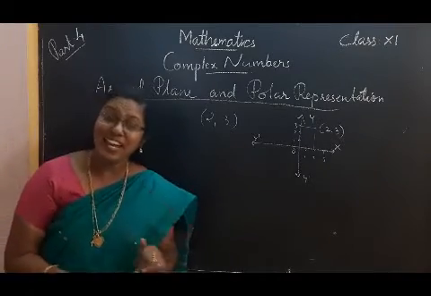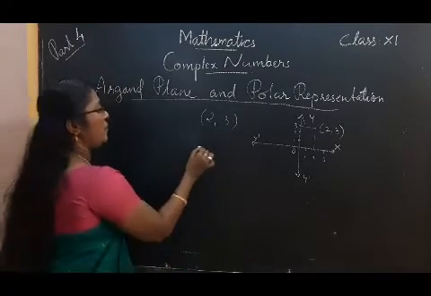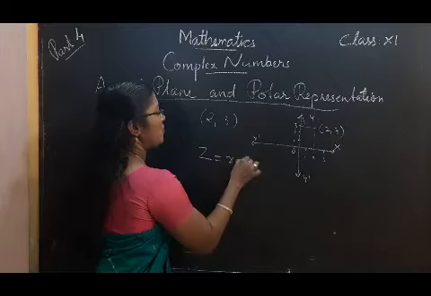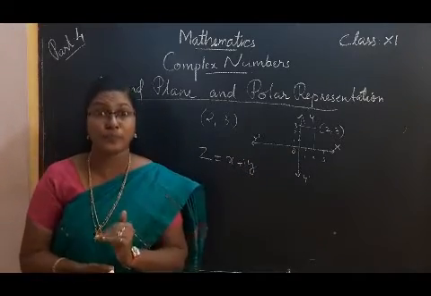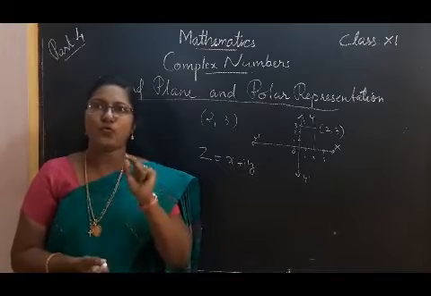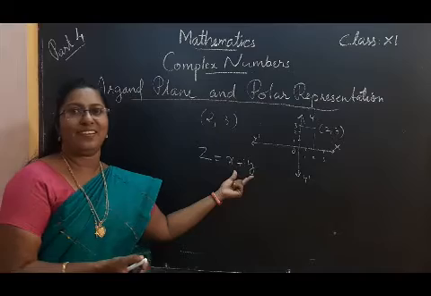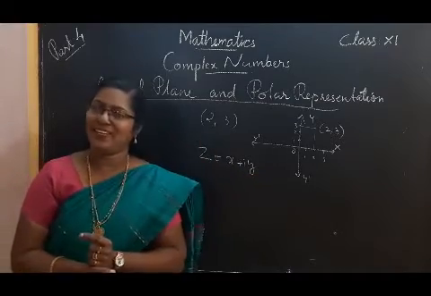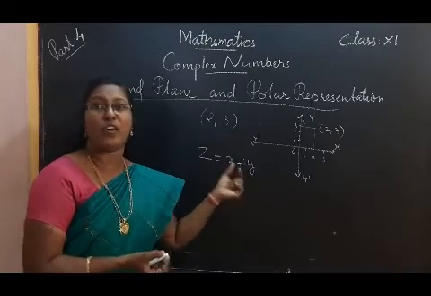In the same way, for every complex number, the general form z equals x plus iy, there is only one point (x, y) in the plane.